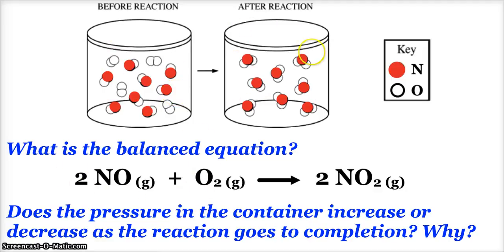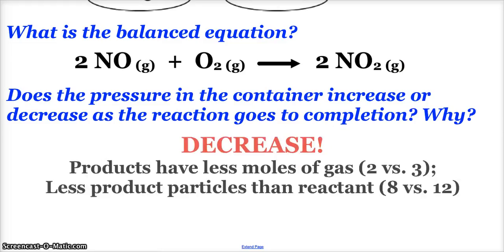After the reaction's complete, after it's gone to completion, I only have 8 particles, or 2 moles of gas. So I hope you said it's going to decrease, because the products have less moles, or less particles. Somehow you have to relate that to saying there's fewer particles at the end of the reaction than there were at the beginning, therefore we'll have less pressure.